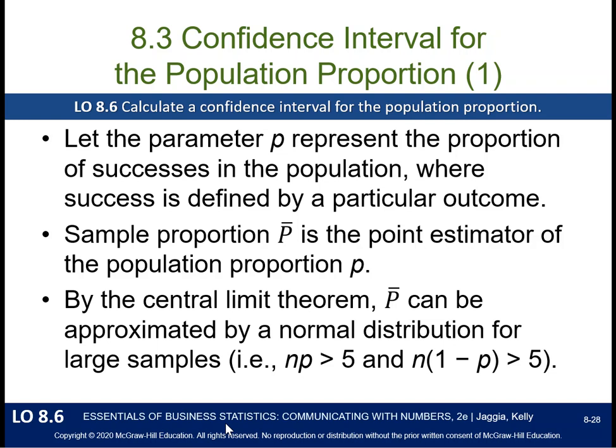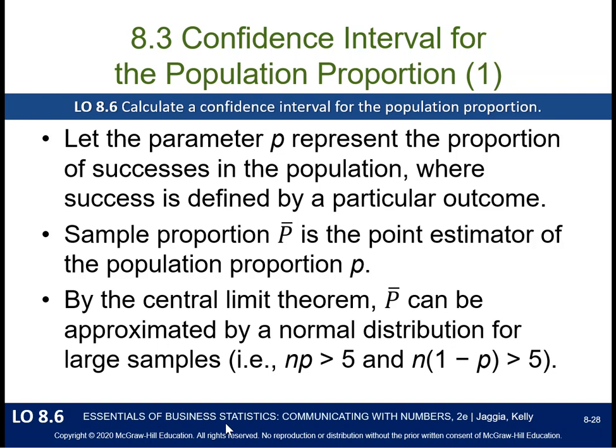Well, again, we don't know the population parameter, but we can calculate the sample proportion and use that as a point estimator. Now remember, the central limit theorem says that for means we needed a sample size usually of greater than 30.